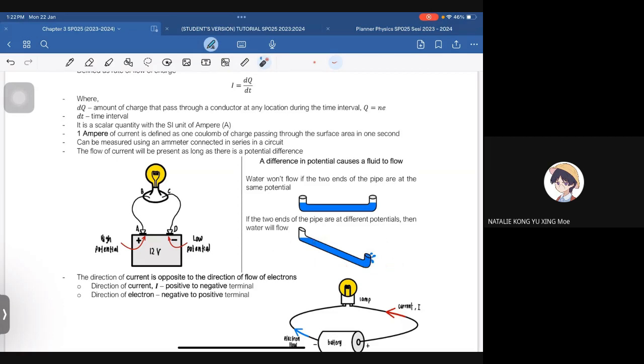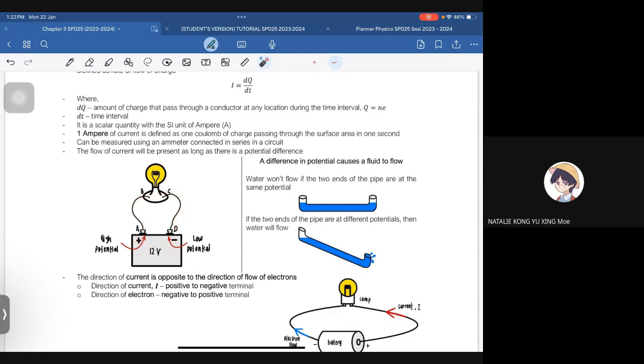Different height causes the flow of water. Similarly, there is high potential at the positive terminal and low potential at the negative terminal, which causes the flow of current.